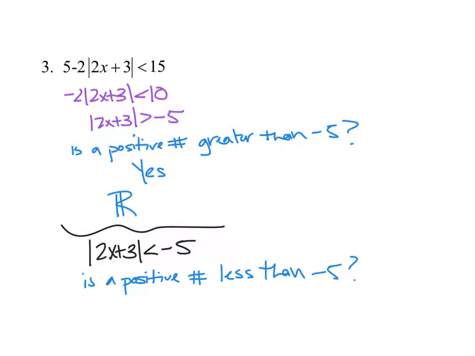Well, what's our answer for that? That should be no. So if it's a no, then your answer would be no solution. So to figure out whether it's all real numbers or no solution, you're just going to form a question. And you only do this when the absolute value is being compared to negative numbers.